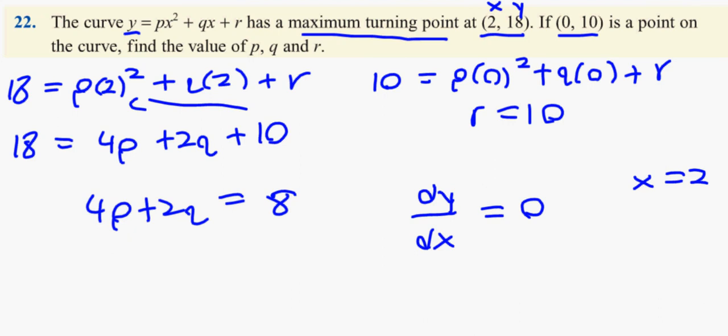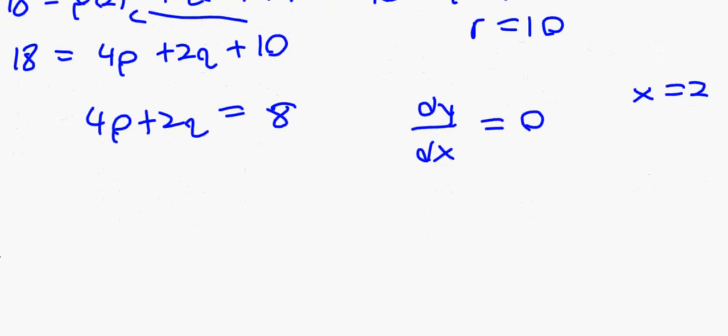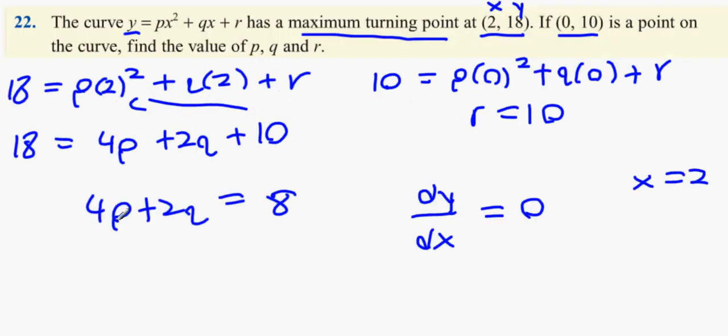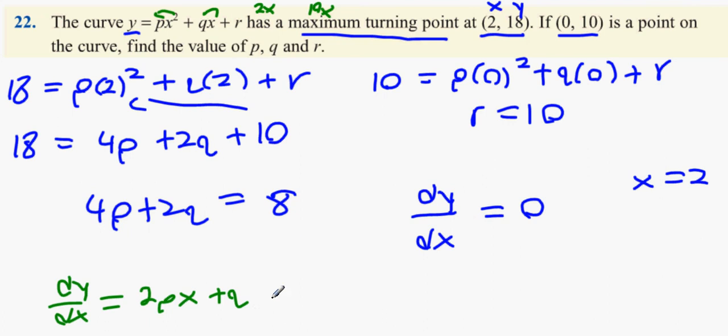Okay, so what we're going to do here is differentiate the function to find out what dy/dx is. So dy/dx ends up being, bring the 2 to the front, 2px. Differentiate qx, it's the same thing as differentiating 2x, you get 2, differentiate 10x, you get 10, differentiate qx, you must get q.